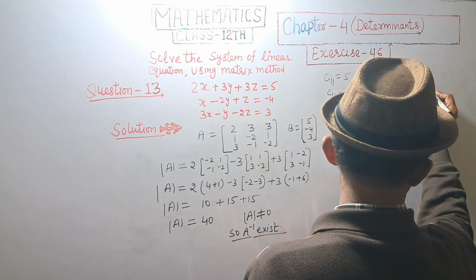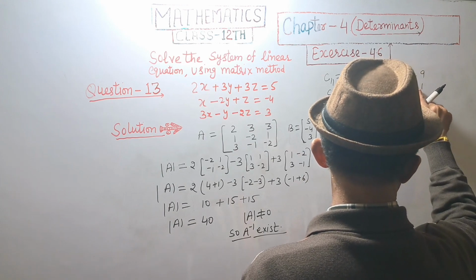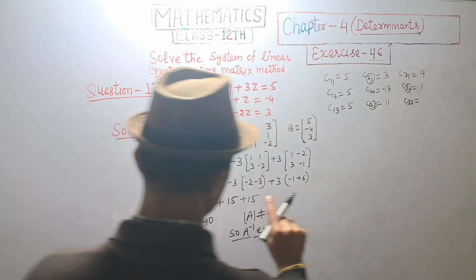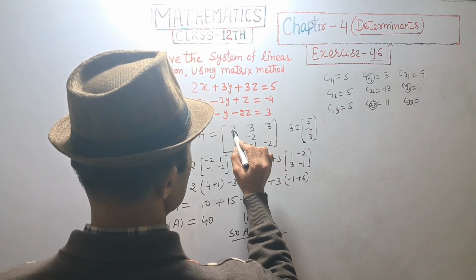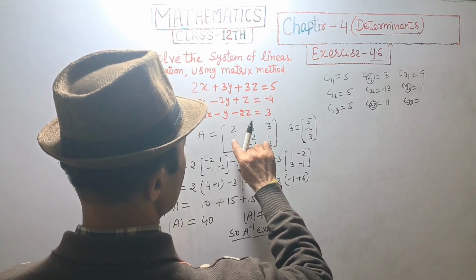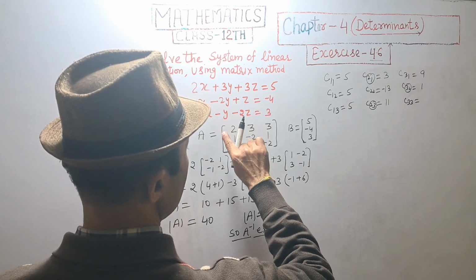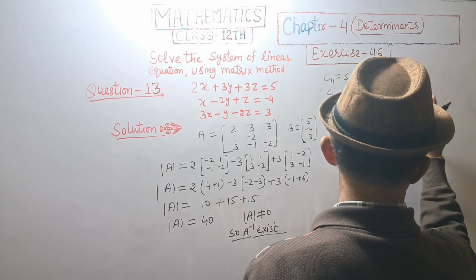So this will be positive 1, 3 plus 2 is 5, this number multiplied by the negative sign, minus minus plus 1. C33: 2 2s are minus 4, minus 3, that is minus 7. So C33 is equal to minus 7.